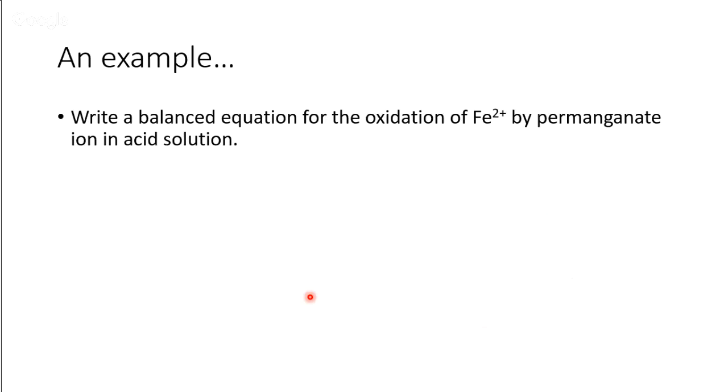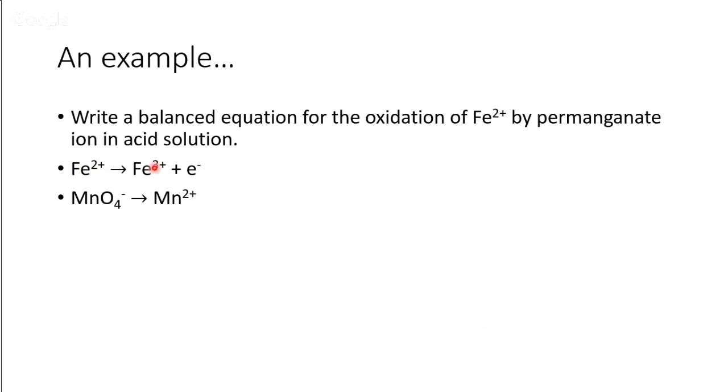So let's practice by balancing the oxidation of iron 2+ by permanganate. If we have iron 2+ oxidized in the reaction, we have iron 3+ as a product. This is shown in this first half reaction here, right?